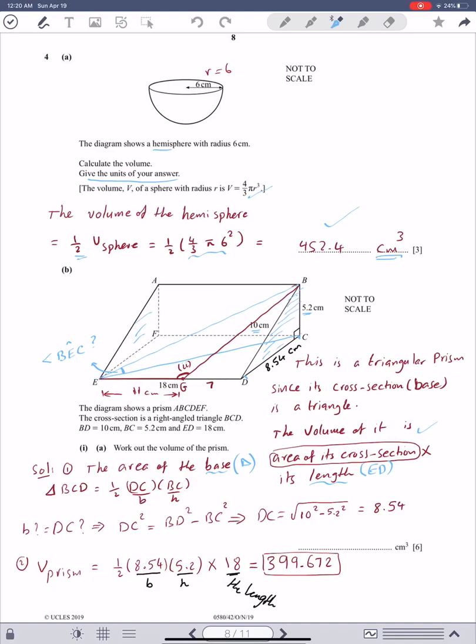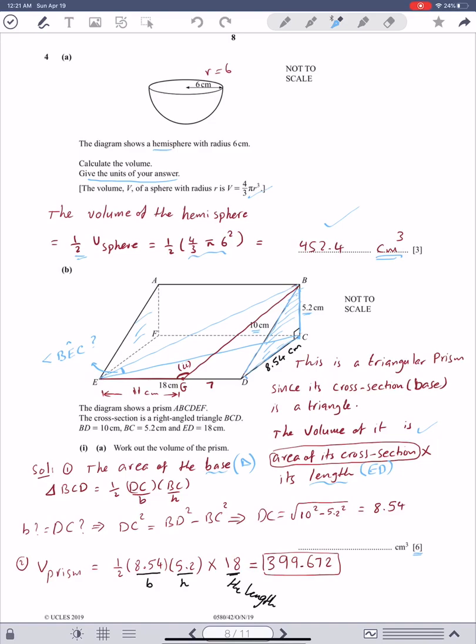DC squared, writing this in detail, 6 marks, so it's better to write in detail to help yourself do this part and the next parts. So DC squared plus 5.2 squared equals 10 squared by Pythagoras' theorem.